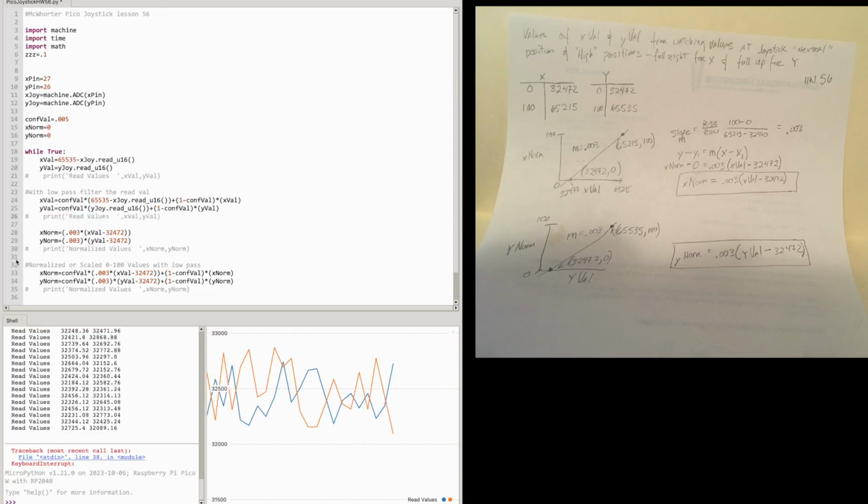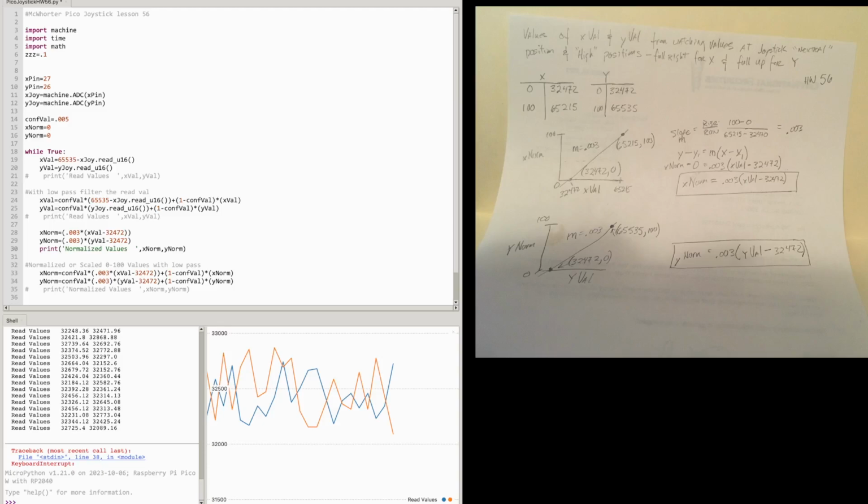Okay, getting on more to what the homework assigned. Let me comment that out. We'll go to the next one. So I did normalize values, and this was the equation I had to normalize the value. I just watched the value of the joystick, and I did the high position for both the X and Y, which turns out to be, for the Y, like north, and for the X value, like east.